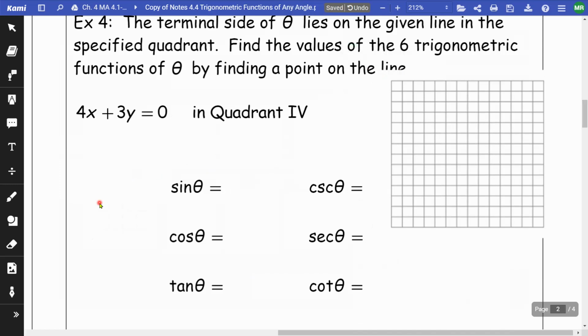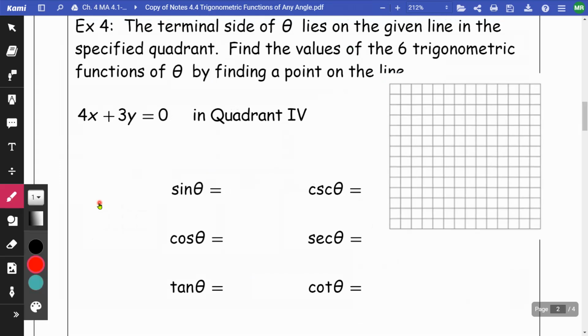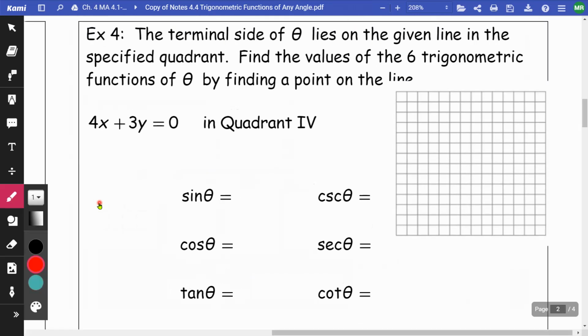Now, I want to find the terminal side of this angle theta from this line, and this line is not in a nice form that we usually like to graph it. So I'm going to get it in y form. So I'm going to subtract my 4x. I'm going to divide by 3, and I get negative 4/3 x.